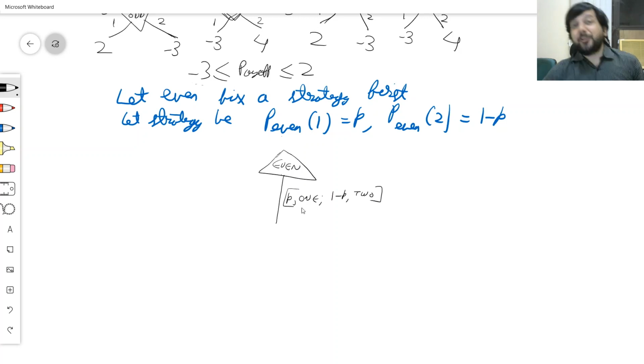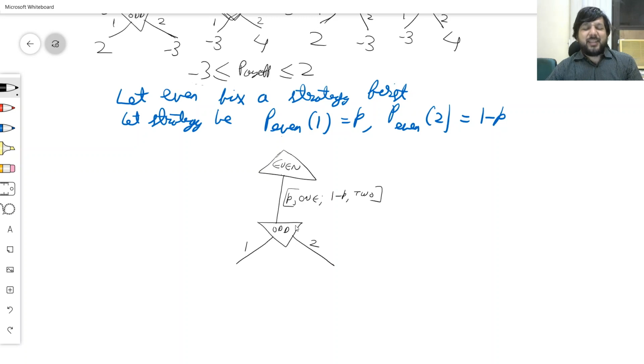Odd, which plays next, knows that even is randomly selecting 1 with a probability P and 2 with a probability 1 minus P, and knows P, but cannot see what even has really played, and odd has to make a choice between 1 and 2.